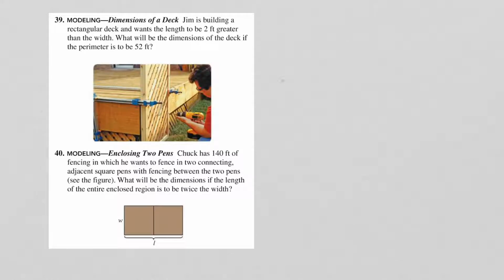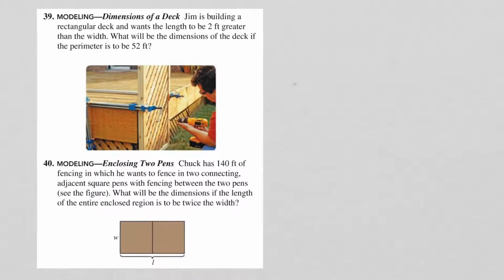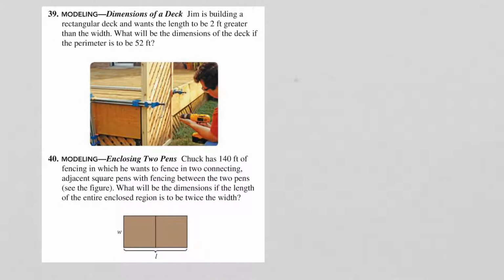Okay, I want to do some geometry questions that are in your homework. And these are actually the ones where we can draw some pictures. Number 40 already has a picture, so let's take a look at number 39. It says dimensions of a deck.